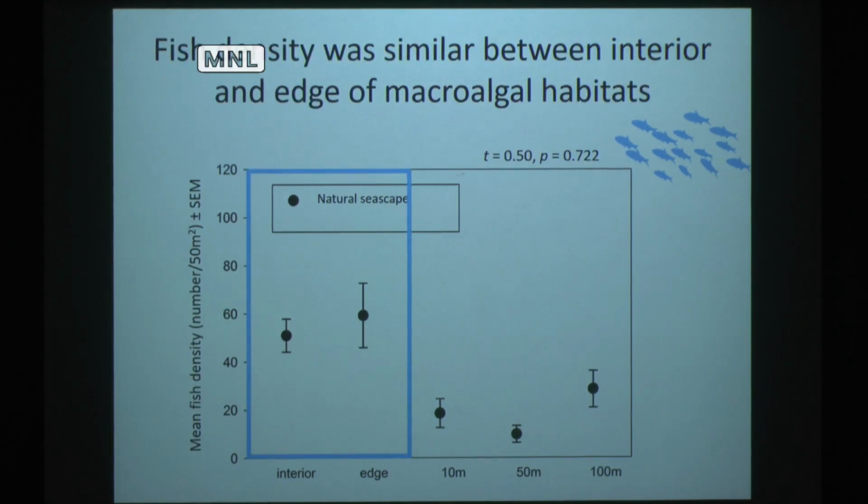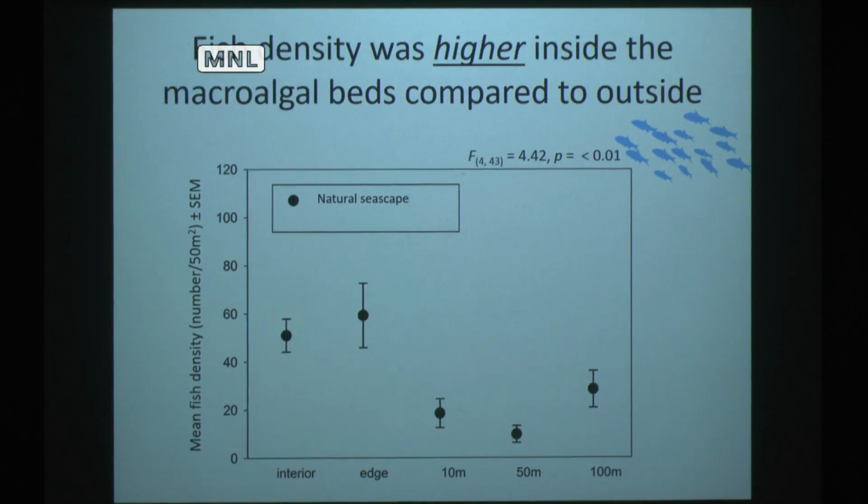And we see that fish density was similar between the interior and edge of the natural macroalgal beds, while fish density was higher inside the macroalgal beds compared to the outside.